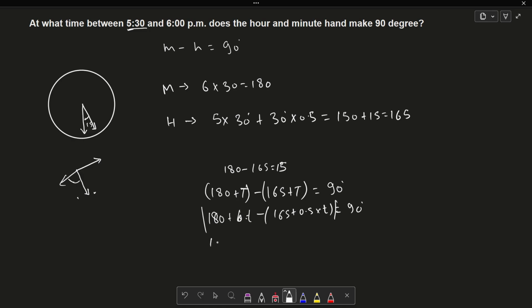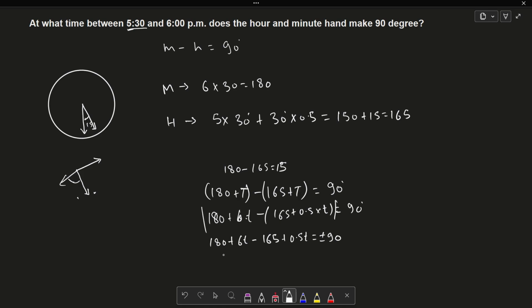So you have to write 180 plus 6t minus 165 plus 0.5t, which equals plus minus 90, right? So we will solve separately for both equations.